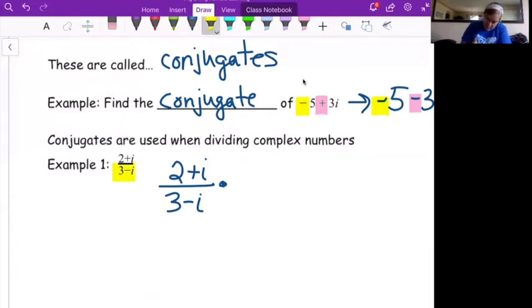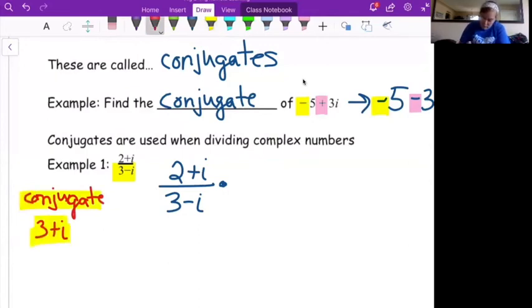So this conjugate is going to be 3 plus i. So in order to get a real number in our denominator, we're going to multiply by 3 plus i over 3 plus i.